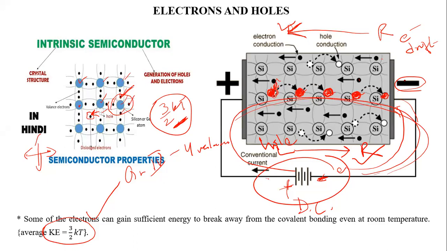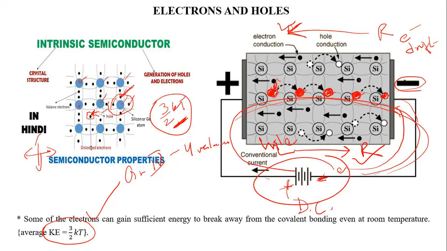So this movement of the hole can also contribute to what is known as electricity, because there is a net transfer of charge associated with the movement of the hole. Okay, so please try to picture what I'm trying to convince you of here.